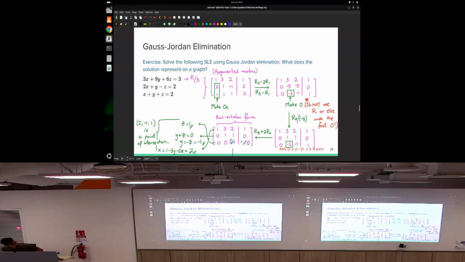Now when this happens, it means you only have 2 independent rows instead of 3. Meaning to say one of the equations is linearly dependent on the other 2. It's not linearly independent. When that happens, effectively you have only 2 planes, not 3 planes. So what is the intersection space of 2 planes? A line. You take 2 planes, let's say this plane and 1 plane, you intersect.